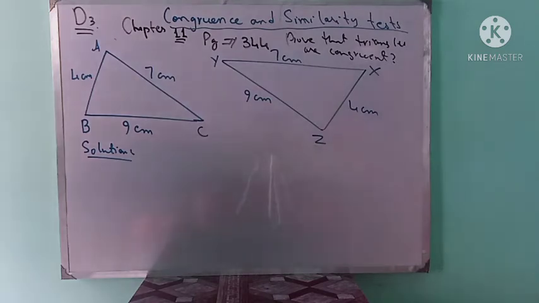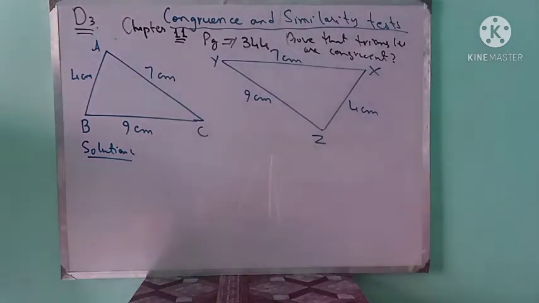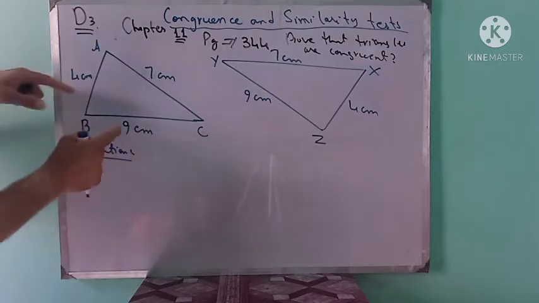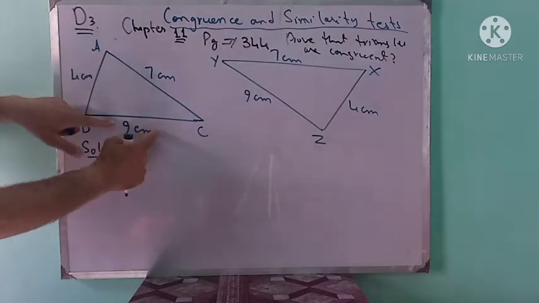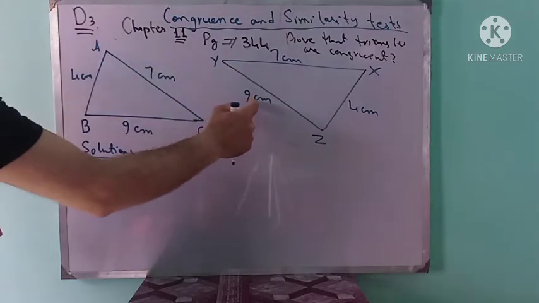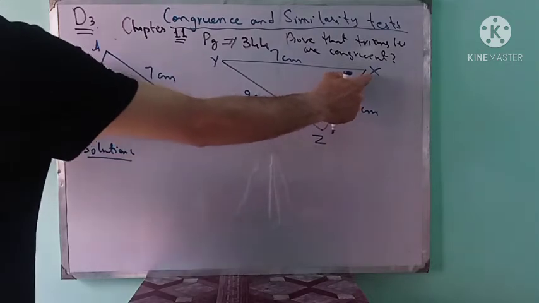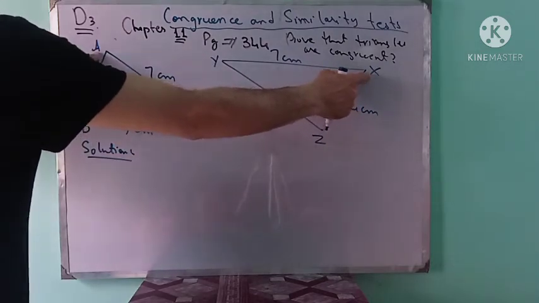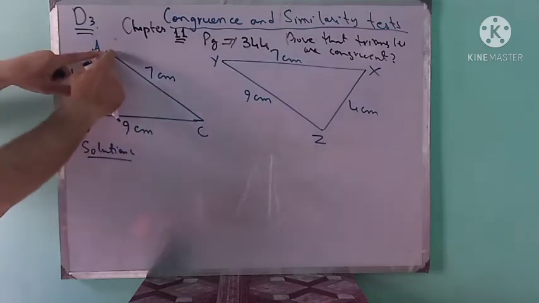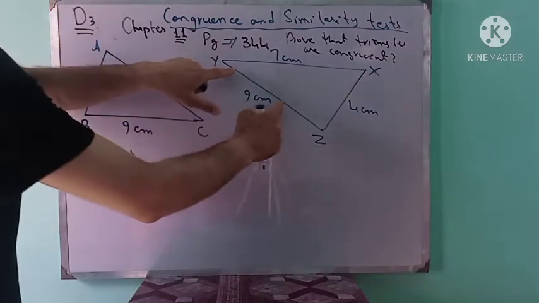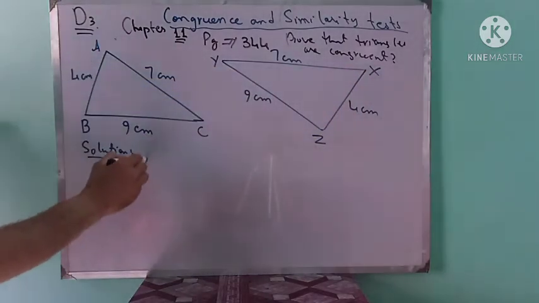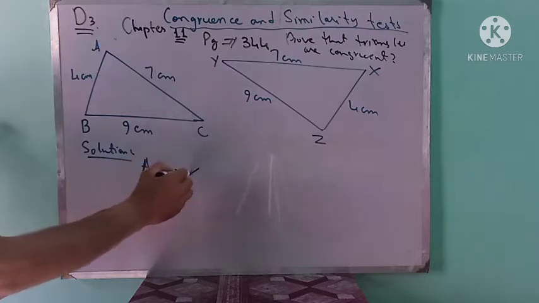I am going to tell you a technique. See carefully. In front of the 9 centimeter side there is a vertex, and in this diagram in front of the 9 centimeter side there is vertex X. So A and X are corresponding vertices. You can write this with an arrow: A and X are the corresponding vertices.